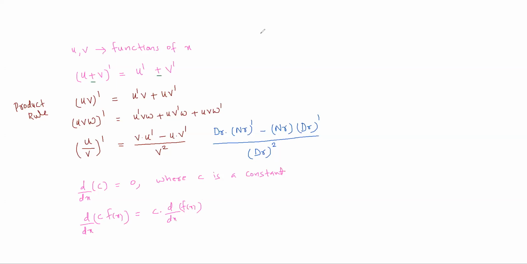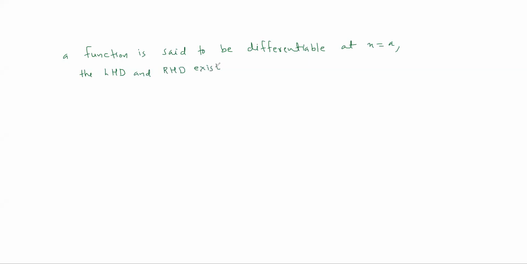Now, a function is said to be differentiable at x is equal to a, as with limits, if the left hand derivative and right hand derivative exist and both are equal.